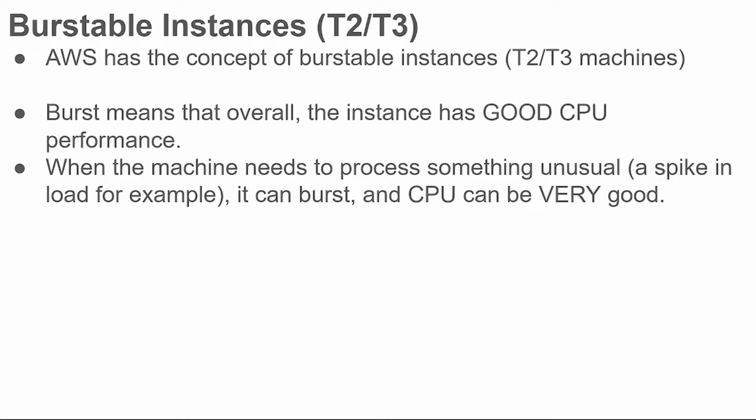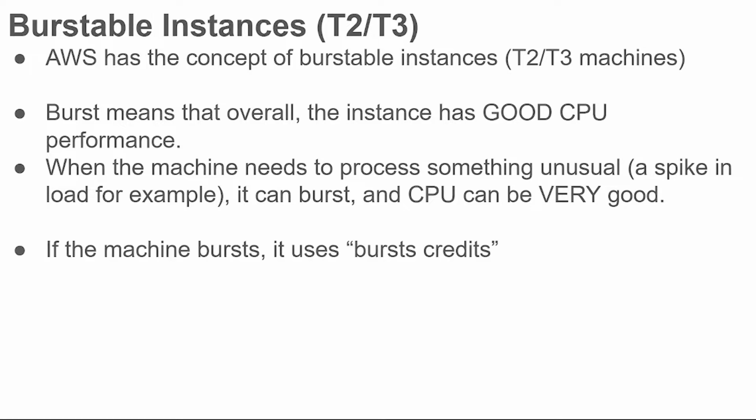Then your instance will burst and the CPU can be very good. Why am I saying this? Because if there is a spike, your CPU usage will be more, so your CPU performance would decrease and your CPU would slow down. To prevent that slowdown of the CPU, your instance bursts.